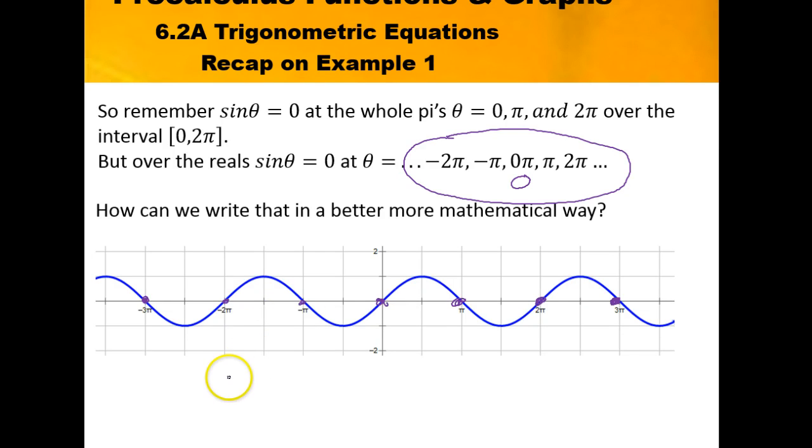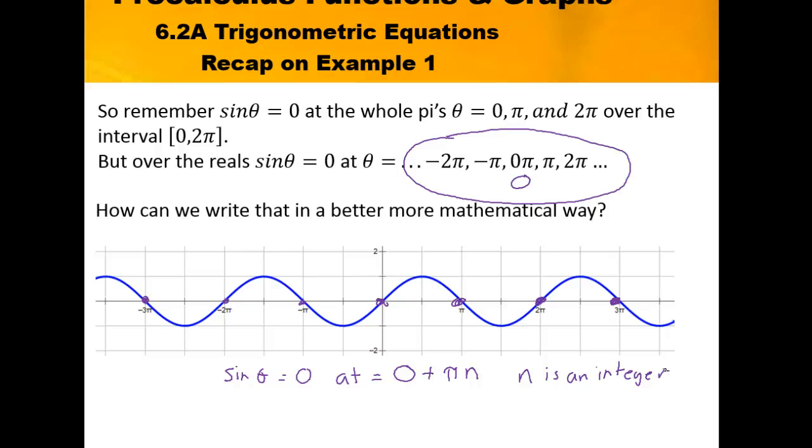So the way that we're going to write this is we're going to say that sine theta equals 0 at 0, because that's the first one that we find, plus pi times some number n, where n is an integer. And we've said now that n is an integer, and I'm not going to keep writing that. n is typically understood to be an integer.